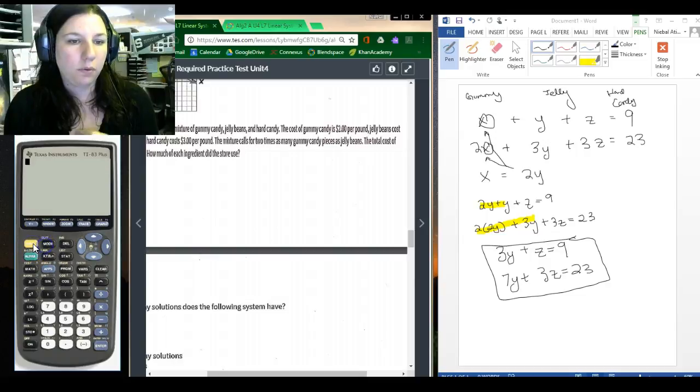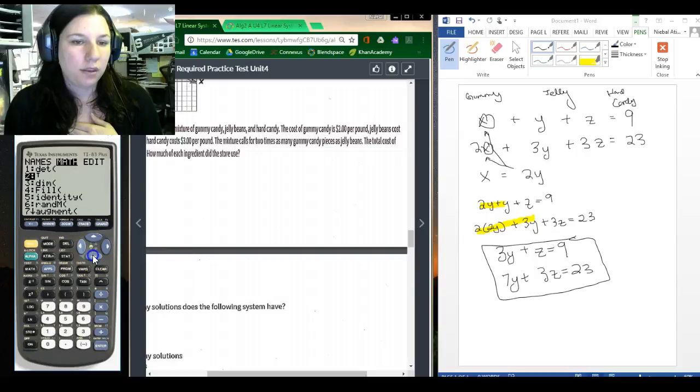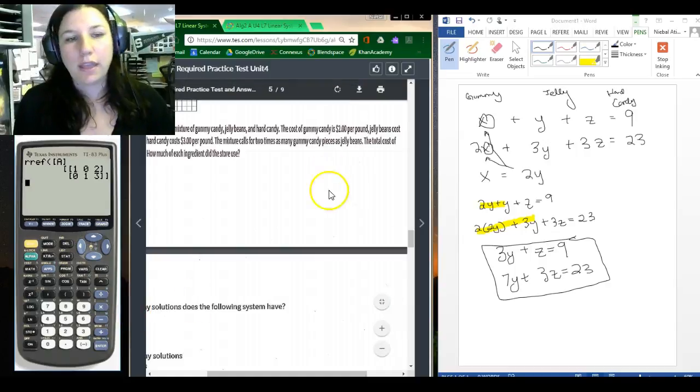So we'll hit second quit, second matrix. This time we're going to math, and we're going to go down to option B, rref, enter, then second matrix, enter. And then it gives me my answers.